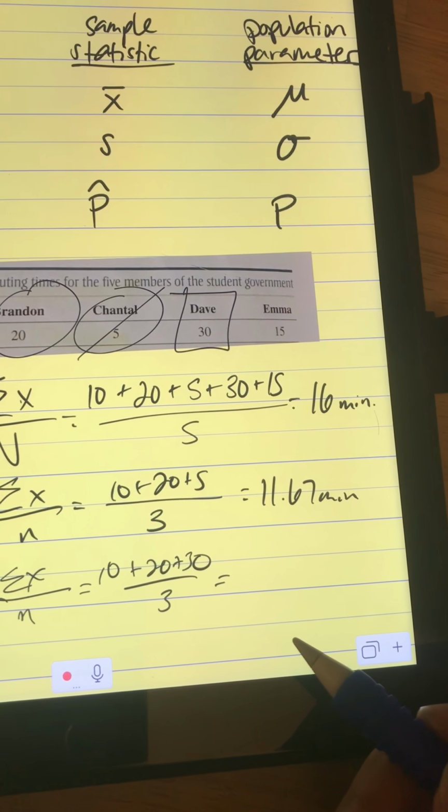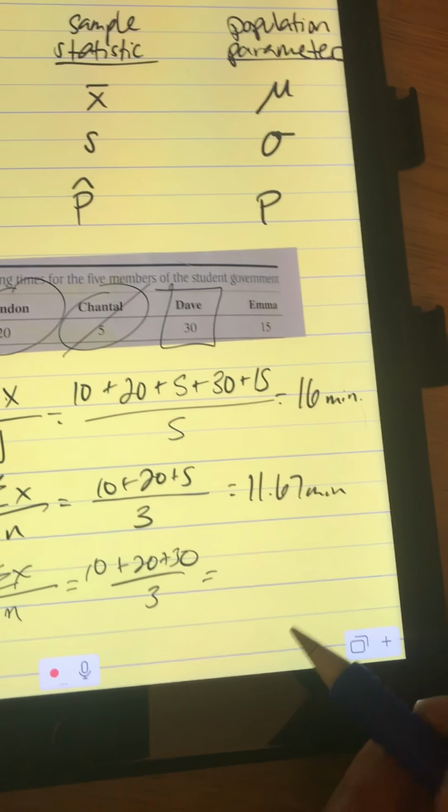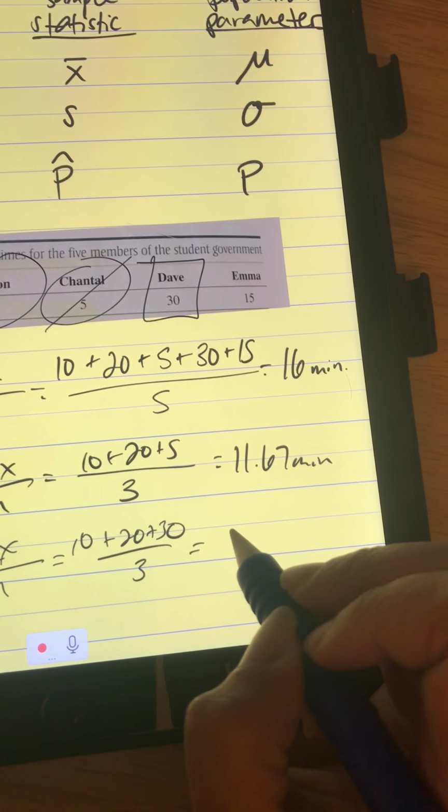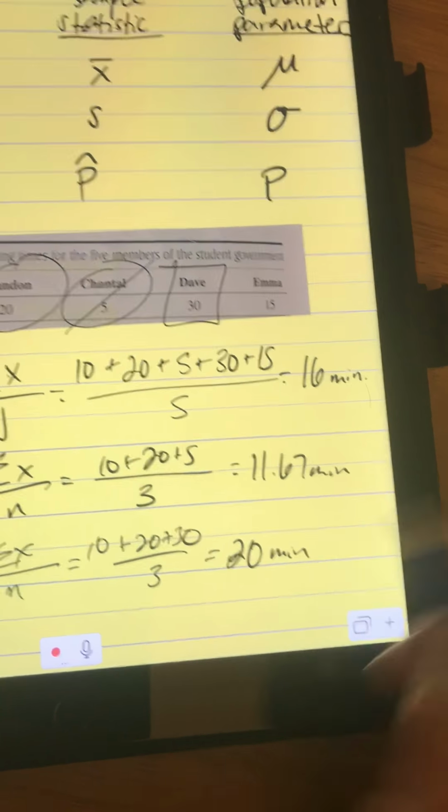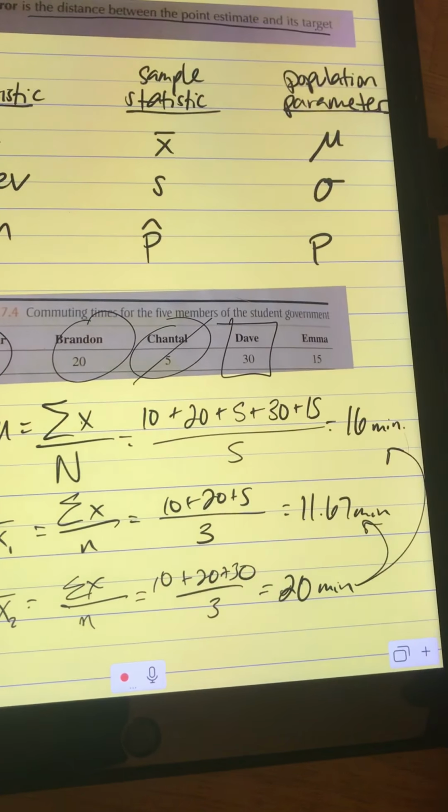And I would get an average of 20 minutes. And that is different from the first sample, also different from the population.